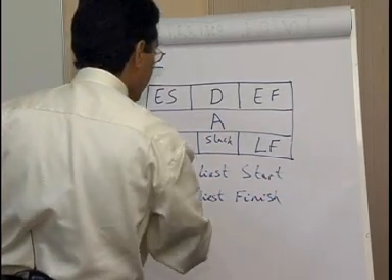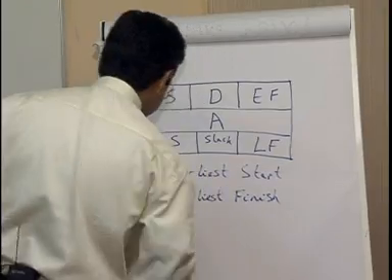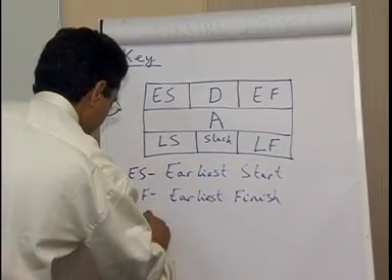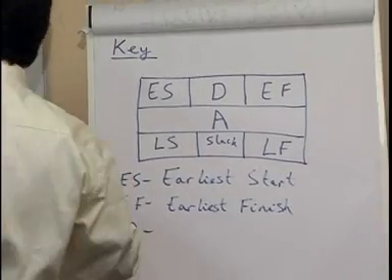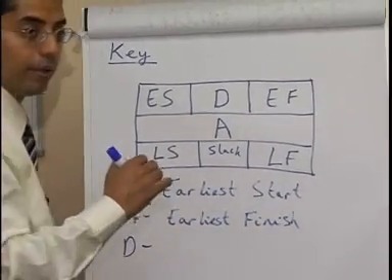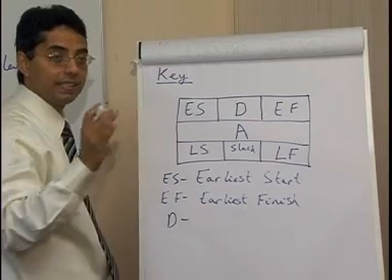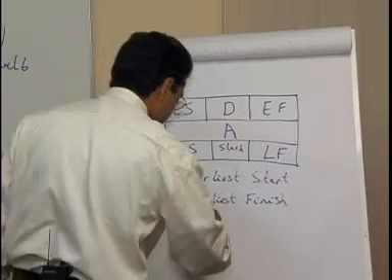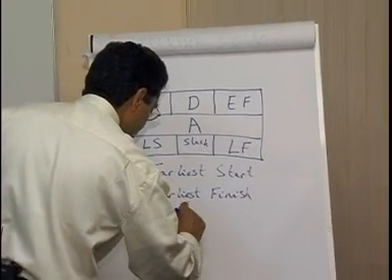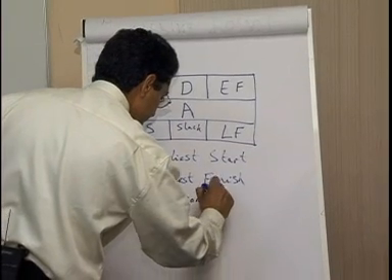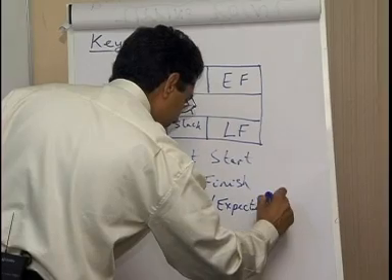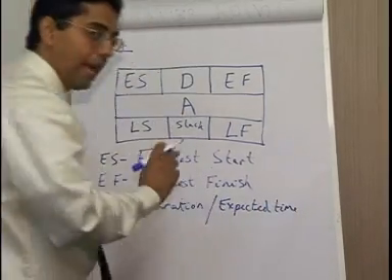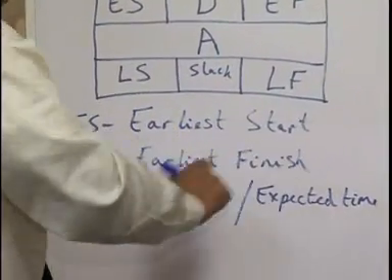Now in this case here, D means duration, or in the case of what we have just done with probabilistic times, the expected time. So I'm going to put both. It means duration / expected time. This is expected activity time for each activity.